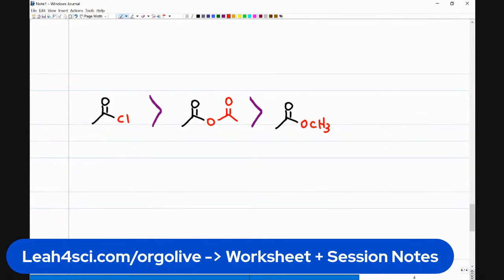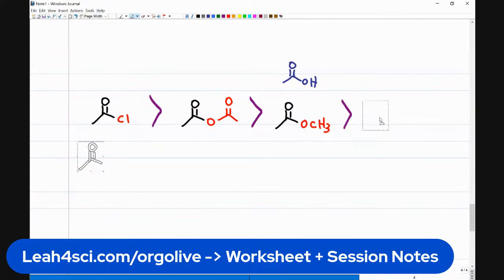Now, the ester is about as reactive as a carboxylic acid, but the reason I'm not putting the carboxylic acid in this ranking is because we're talking about the reactivity of a derivative, and this is not a derivative of itself, it's just a carboxylic acid. And then slightly more reactive than that is the amide.